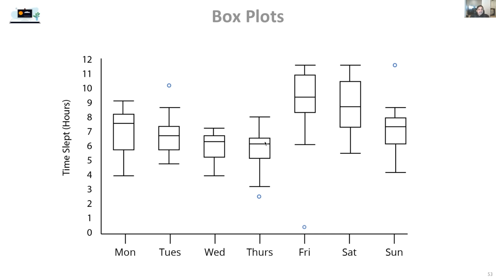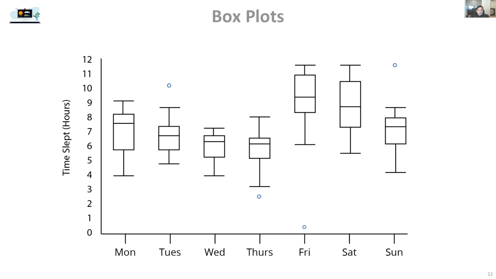Remember that in this region, there are the same number of data points or students as in this region, which is about 5 students. This means that the 5 students are more closely packed together in terms of their time slept in this upper region of the box. So the data is skewed toward this region.